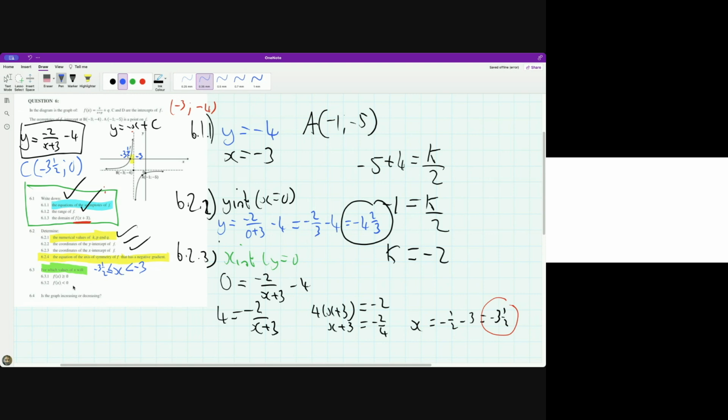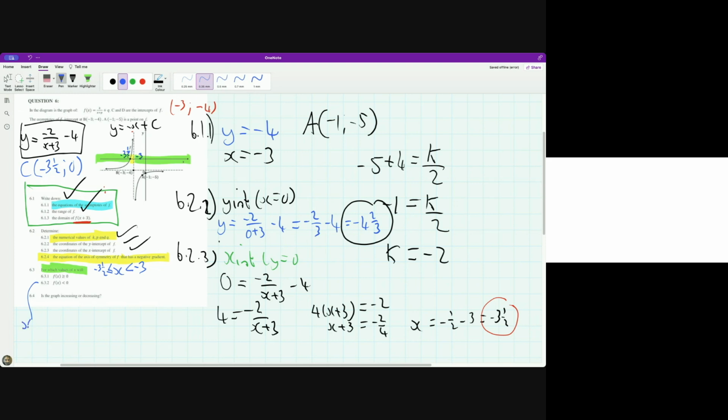And then for 6.3.2, where is it less than 0? Well, it's going to have to be all the other places. So basically, what is left? It's going to be the x values over here and the x values over there. So how would I describe that?